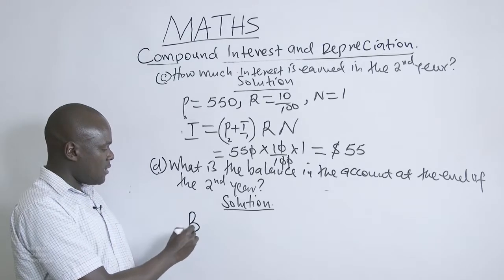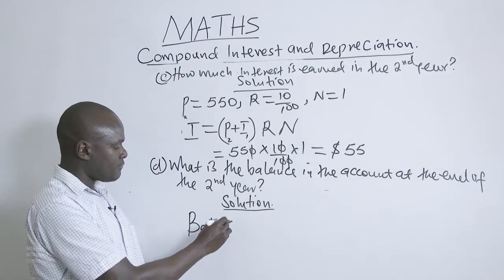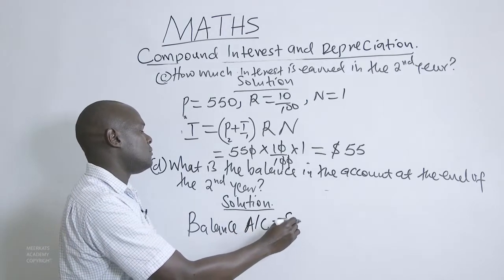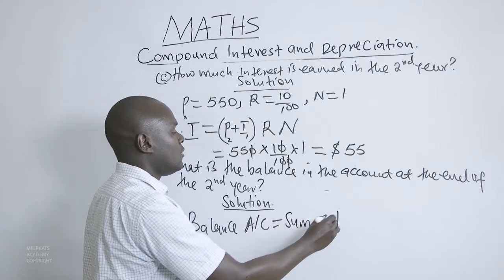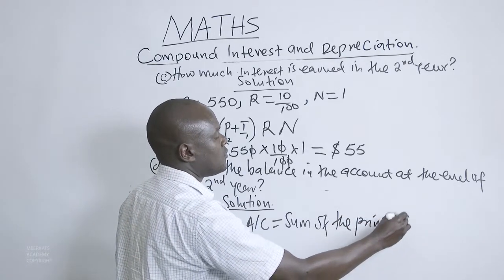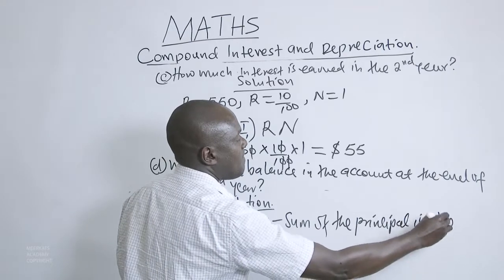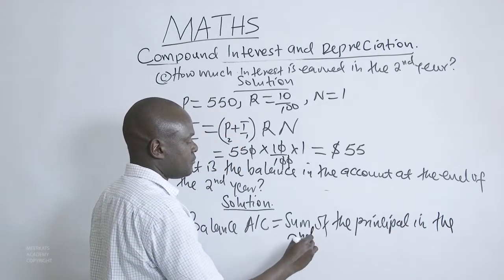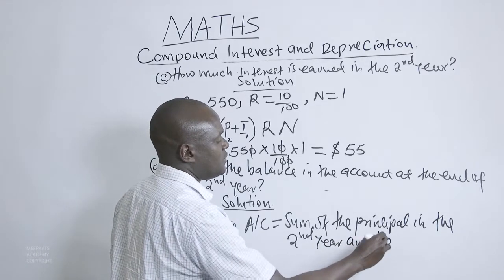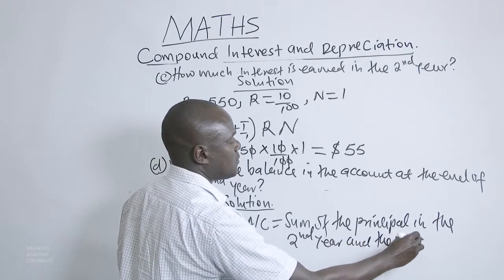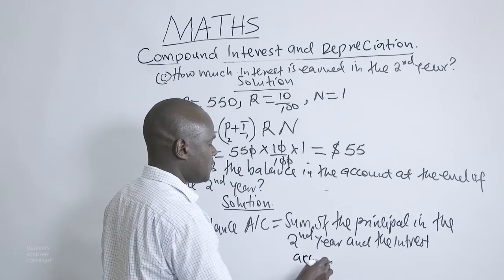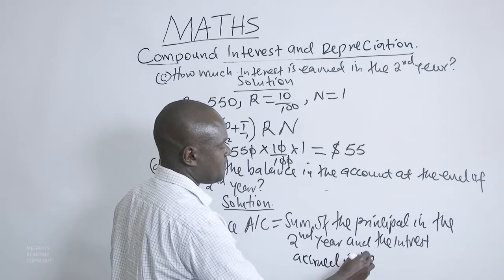The balance in the account will be the sum of the principal in the second year and the interest accrued in the second year.